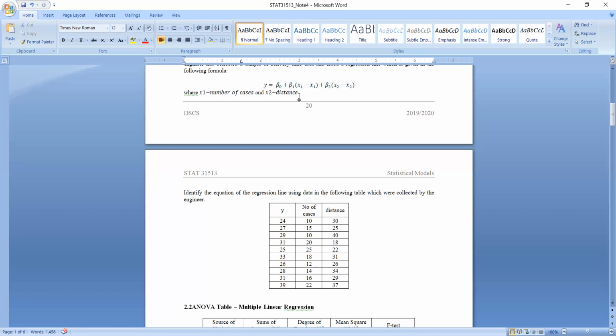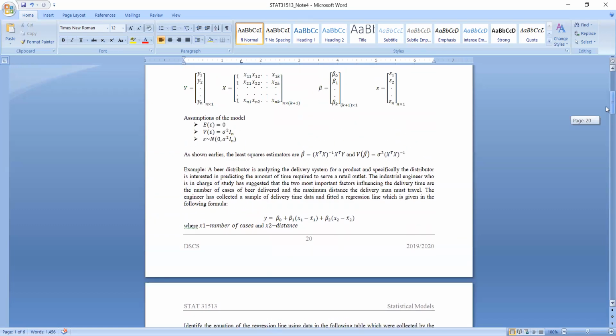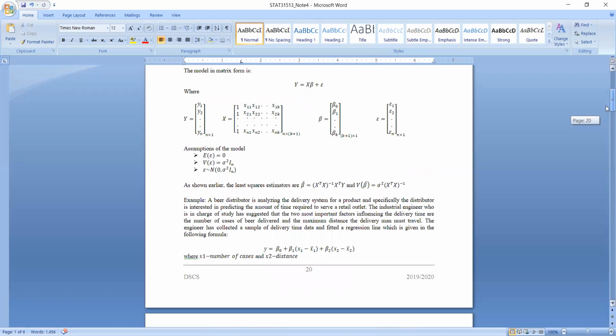If you take each and every variable, they have taken the difference with its own mean value. So when you are going to find beta naught, beta 1 and beta 2, you have to consider this format. It's not just the general format. You have to use the centered format in order to obtain these values. All right, so let's see how to obtain the beta naught, beta 1 and beta 2 values using our data set.